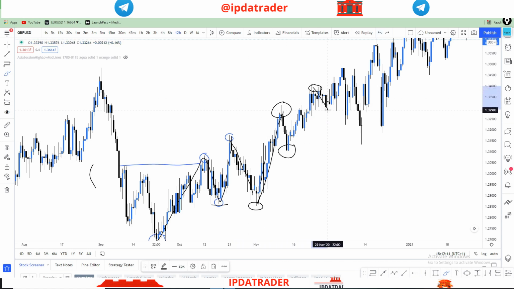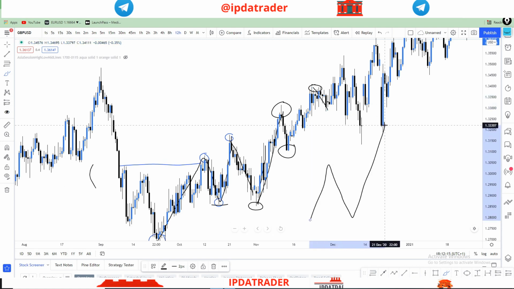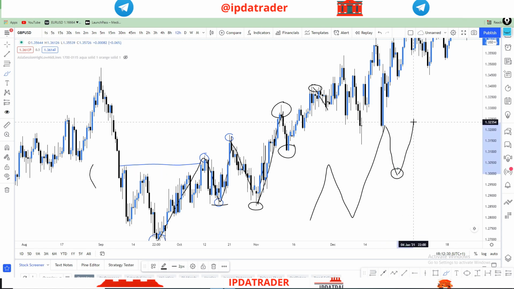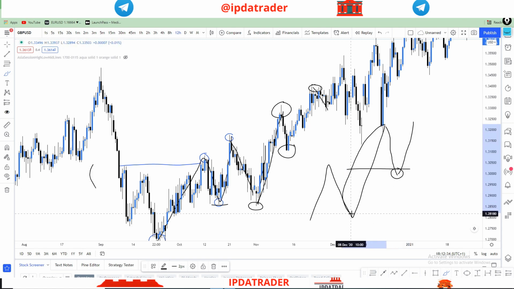We retrace. However, it is important to understand that in order to have a confirmed higher low, and this is something that I wanted to keep for the next structure video, but we're going to be doing this now because it's important for this activity. In order to have a valid structure point being created, it needs to have at least a 50% retracement within the leg, right?